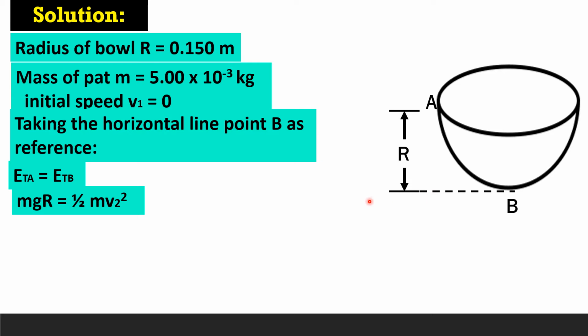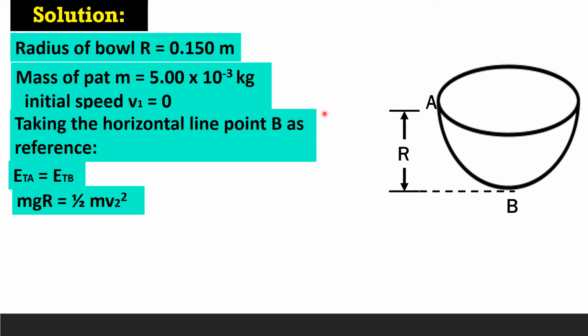Our reference is indicated by the horizontal line, which we may also indicate as point B. Now that's all it has, only gravitational potential energy at the start when it is at point A. It has no kinetic energy yet.